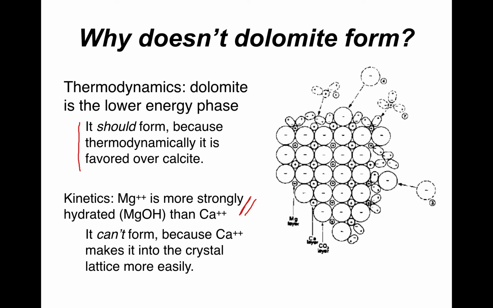As a result, dolomite can't form because calcium basically makes calcite faster than dolomite can form at all. So dolomite should form, but it can't, at least not directly from seawater, because it takes too long and too much effort to make it.